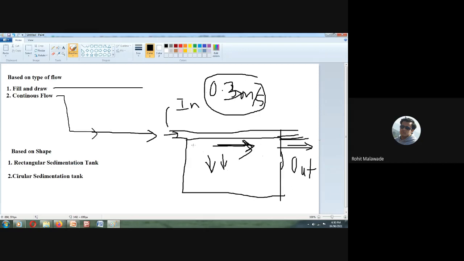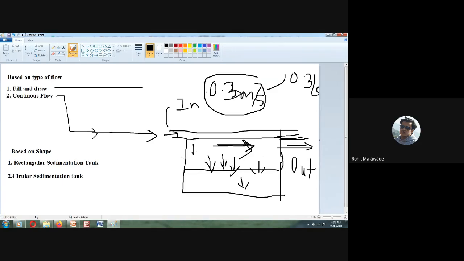But what we are doing is allowing the water to flow with a velocity of 0.3 meter per second. Since the velocity is very less, the particles are going to get settled down in this tank by their own weight.